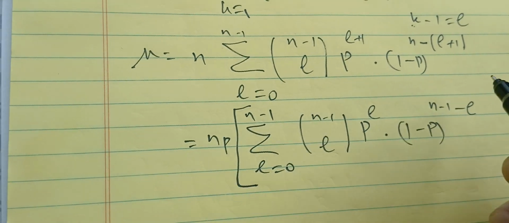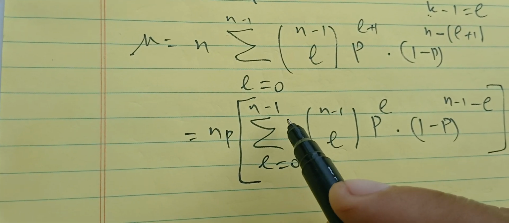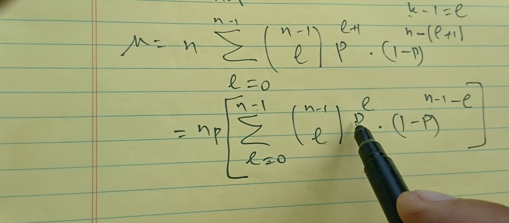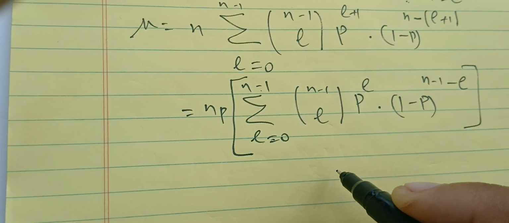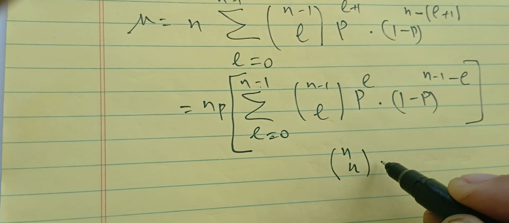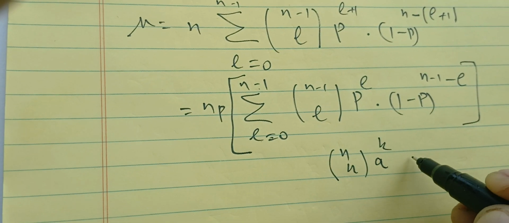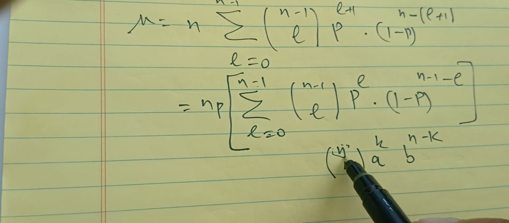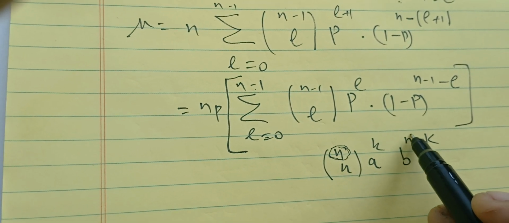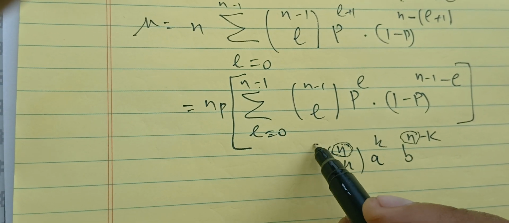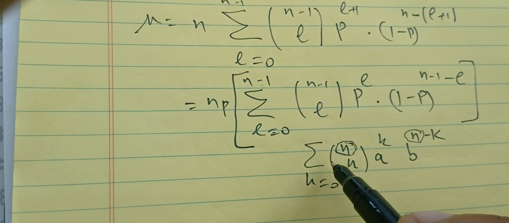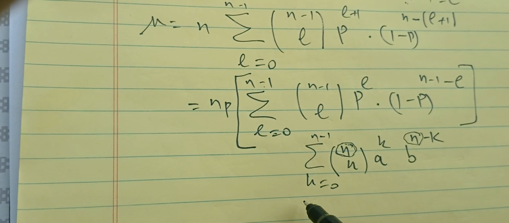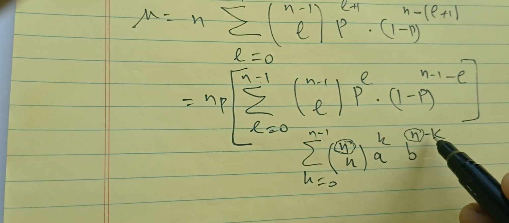So in this case, what we have is the binomial theorem applied between 0 and n minus 1. Remember the binomial theorem: it's n choose k, a to the power k, b to the power n minus k. In our case, we have just n minus 1, and k going from 0 to n minus 1, so I'm always going to have this minus 1 here.